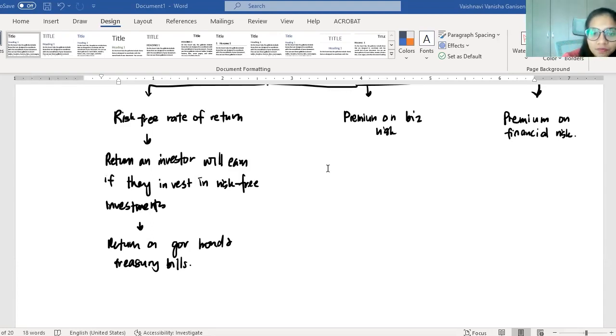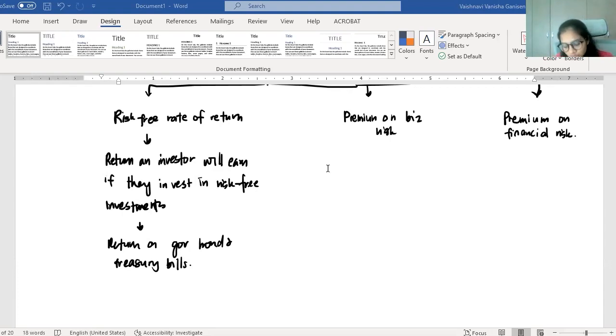Business risk normally would be higher for different firms and different projects, and as a result the uncertainty is very high. But due to all these elements and variables, this will lead to your company being able to earn a higher return.